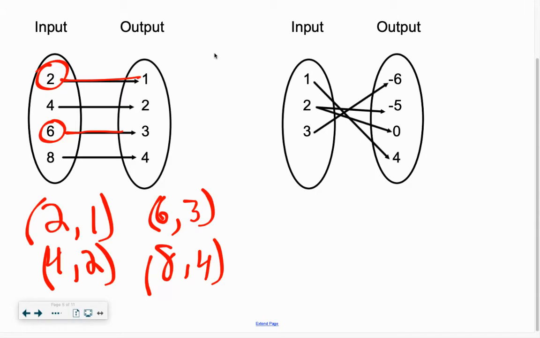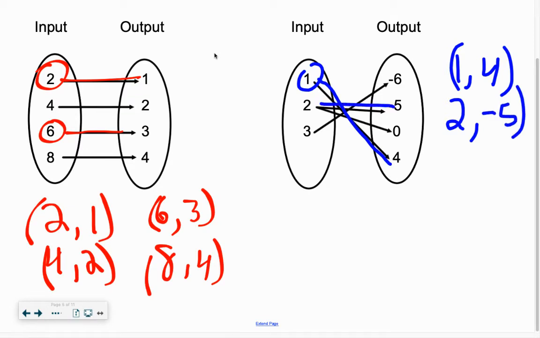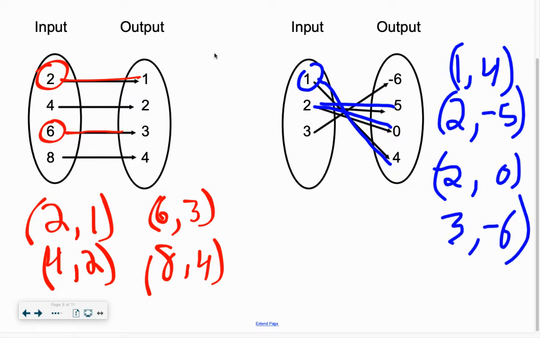You can see very clearly, whereas over here on the right, same thing, match them up. Just follow the arrows through the chaos. The 1 is connected with the 4. The 2 has 2 arrows, so follow the first one. It's connected to -5, and then 2 is also connected to 0, and then 3 is connected to -6.